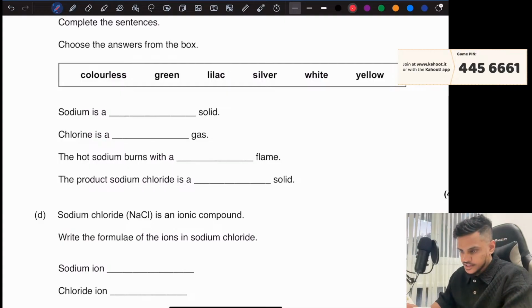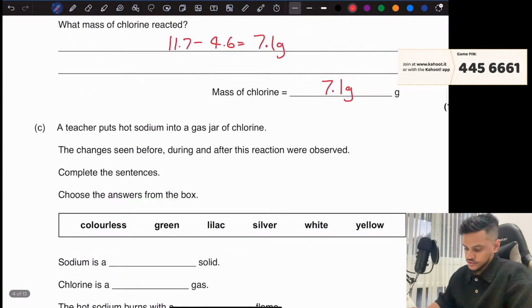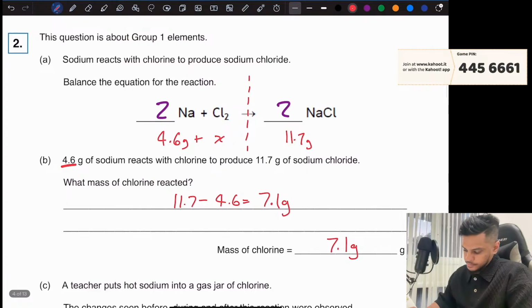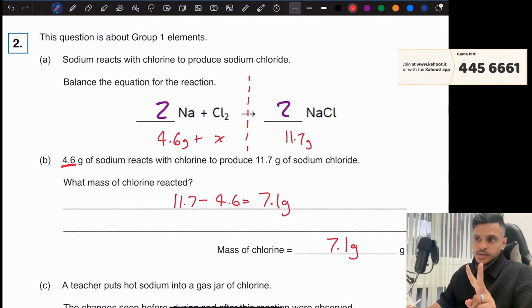How do you recognize that it's a conservation of mass and not when to use moles? Because they've given you the mass of 2 of them and there's only 1 left to find. In a mole calculation, there'll be more unknowns. It'll be a more complicated reaction.